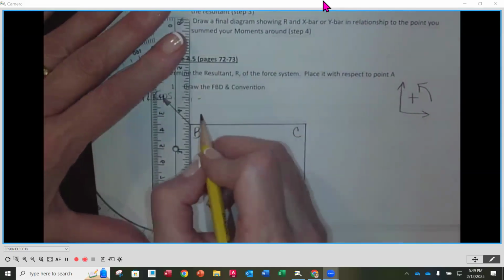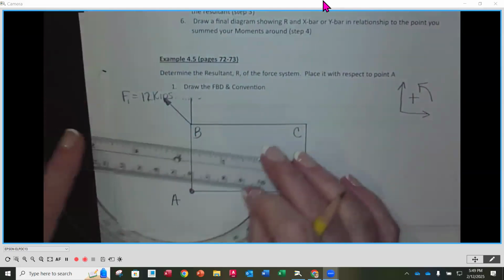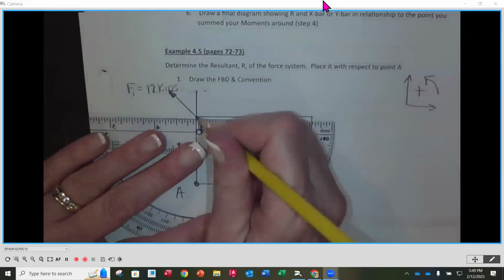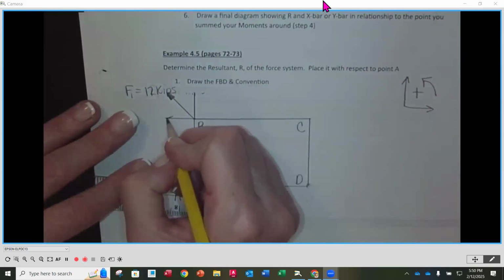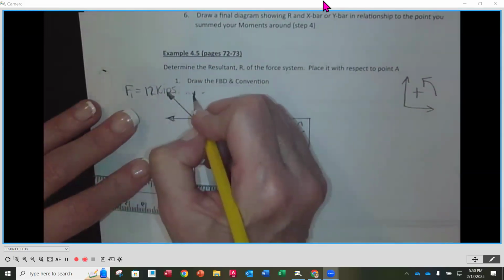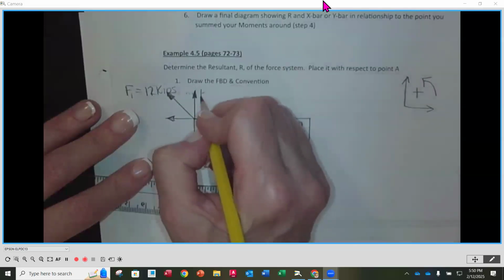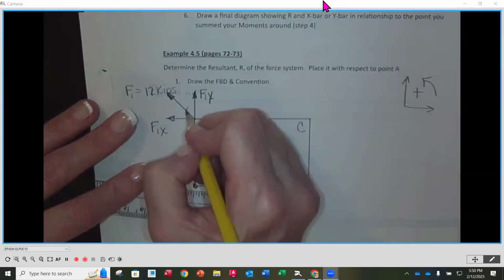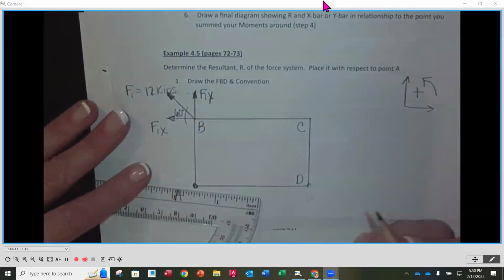Then I am going to have a Y component and an X component, making sure that we're showing our X pointing to the left and our Y pointing up. So this is going to be F1Y, this is going to be F1X, and this angle here is 60 degrees.